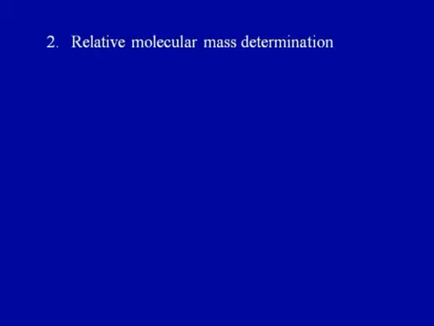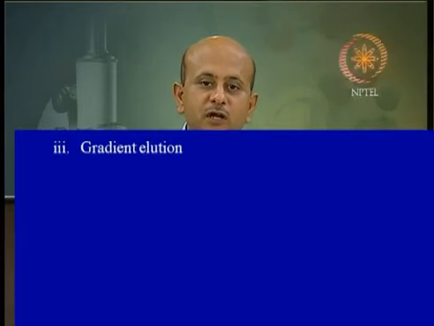Relative molecular mass determination could be performed on a gel filtration column. What happens is, like I said, the elution volumes of globular proteins are a characteristic value, and they could be determined by the relative molecular mass.